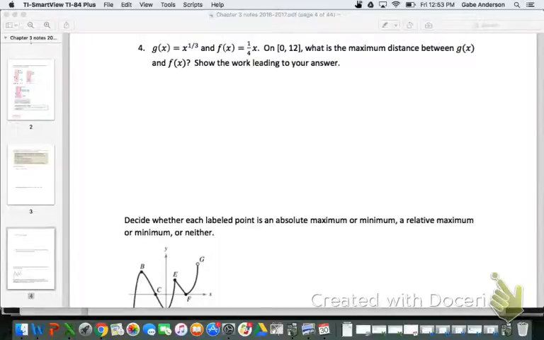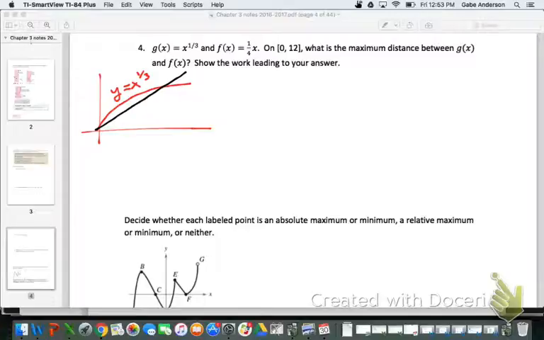Let's restrict ourselves to 0 to 12 for our interval, our domain. They do cross, don't they?